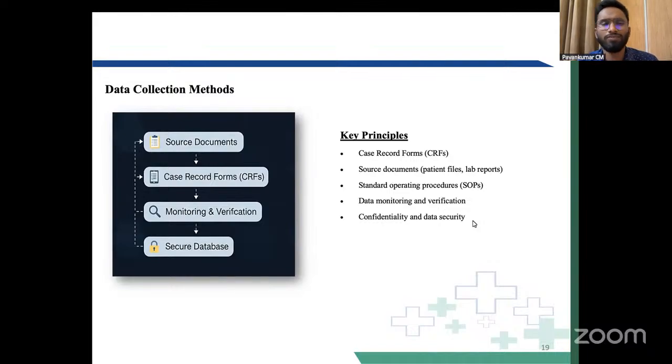And there are many data collection methods: clinical case reports, case record forms, which we have mentioned here, or we can go through intervention, like having an interaction with the subject, and also data collection standard tools, all the standard questionnaires or preparation of our own questionnaire.